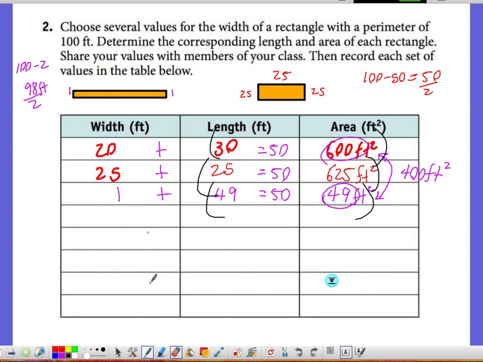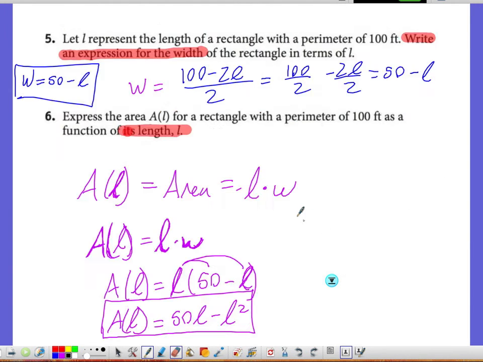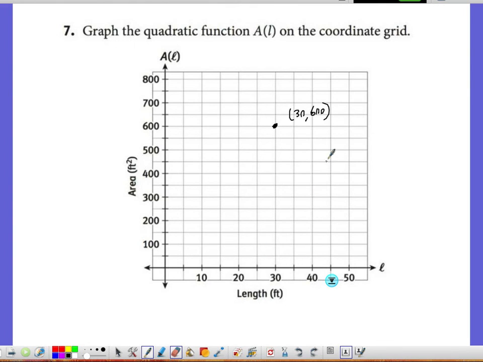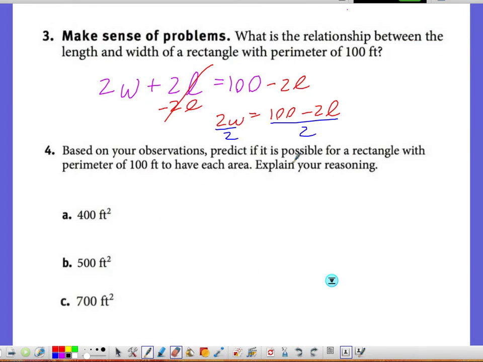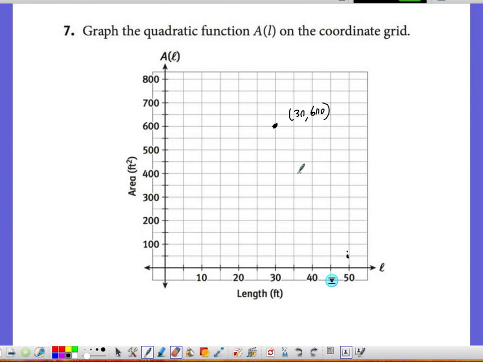We can keep on doing this. You should have this table full. Our next values are 49 and 49, which should be somewhere around here. Let's see, what else do we have? 25 and 625, somewhere right here.